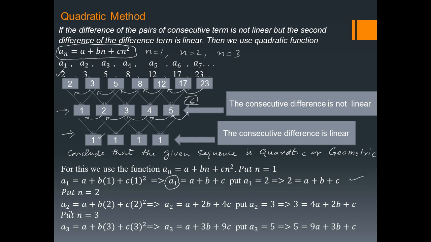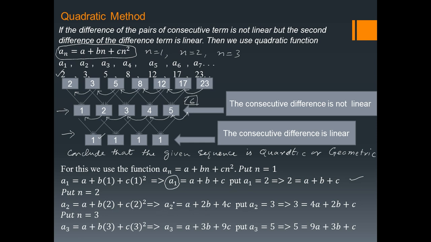Now put n is equal to 2. Put 2 in place of n in this equation. We are getting a2 is equal to a plus b multiplied 2 plus c multiplied 2 square. We are getting a2 is equal to a plus 2b plus 4c, as 2 square is 4.